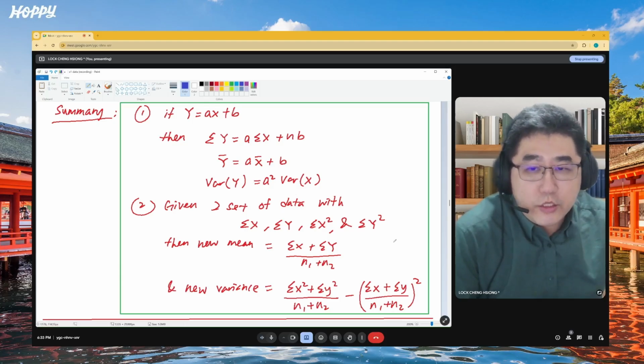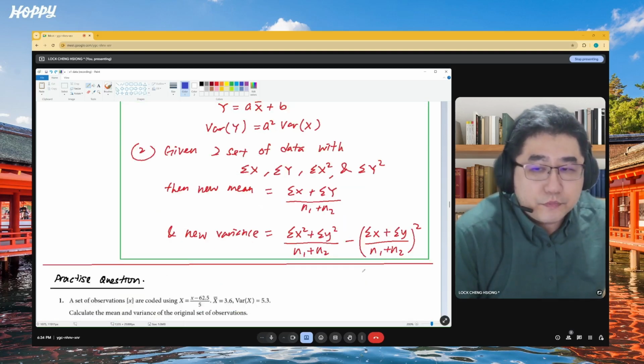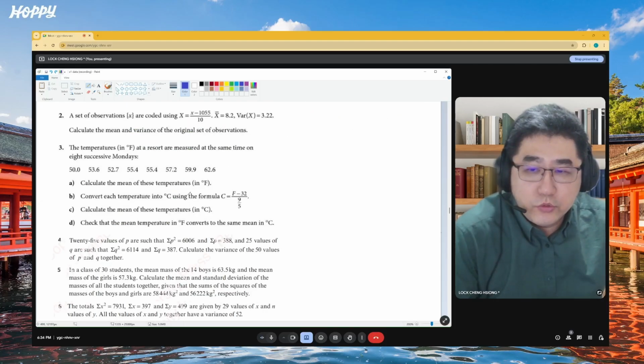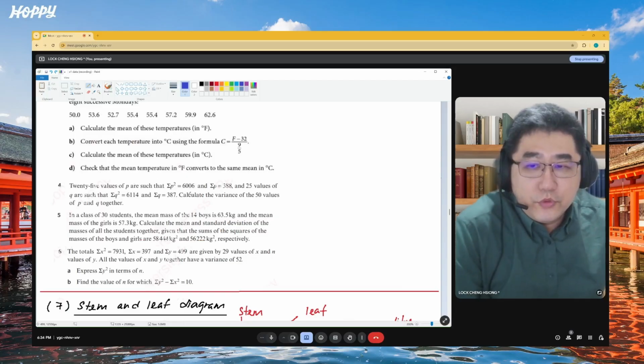In the case of combined mean, you have two set of data with sum of x, sum of y, sum of x squared, sum of y squared. Then the new mean will be like this, and the new variance will look like this. So over here, you will have some practice questions that you can do. Do try it out.